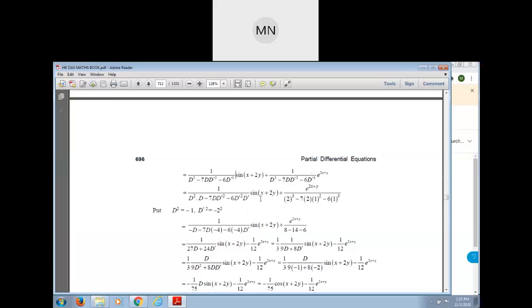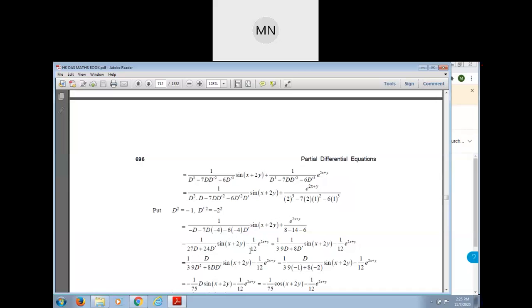So d will be 2 and d dash will be 1, because here a is 2 and b is 1. So finally we get 27d plus 24d dash into this one, and half of e to the power twice x plus y.